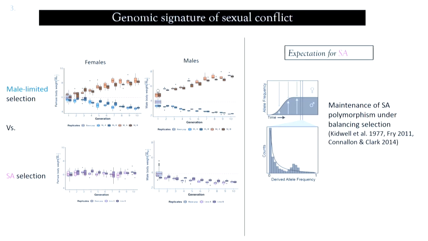What we did here is that we took the males in the sex-limited selection lines, where we selected also for smaller body size, because the male evolutionary trajectories here are very comparable. The phenotypic change is very similar in these lines, but the difference is in the response to selection in the females.